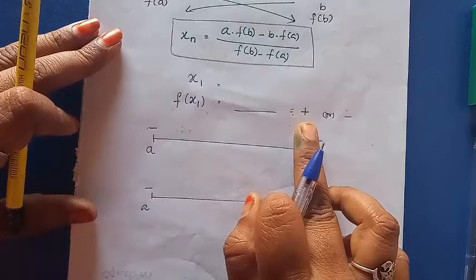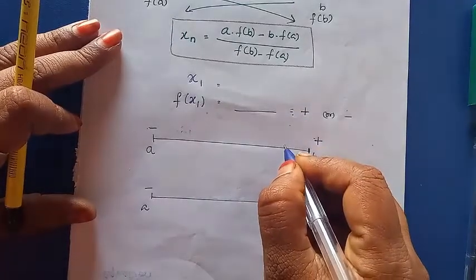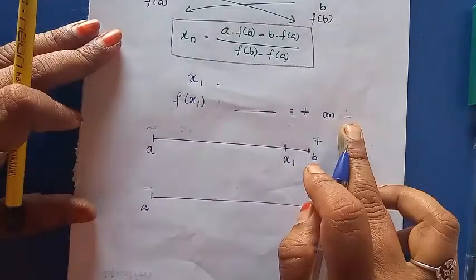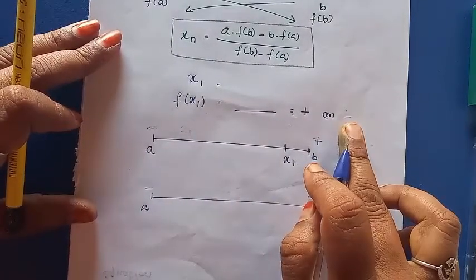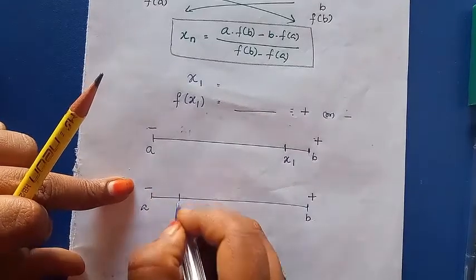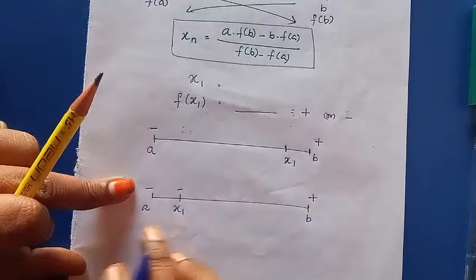If the sign of the value is positive, it shows that the approximated value is somewhere near b. If the sign is minus, then since a has a minus sign, the new approximated value x1 is somewhere near a.